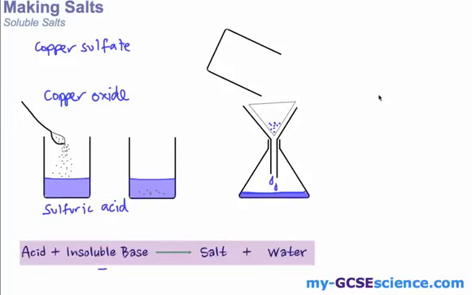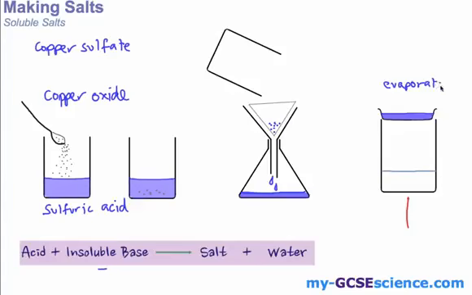The next step after that is to make the salt into crystals, and we can do that in a two-step process. We can add the copper sulfate solution to an evaporating dish, fix it in place above a beaker of hot water and heat the water, and it will cause the copper sulfate solution to evaporate off a little bit.